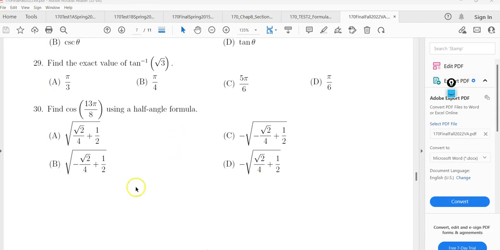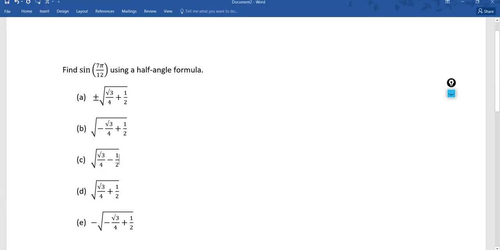Okay, so this is from the practice final. You have the answer for that available to you. And I'm going to do an example where, once you see the example that I worked out, you need to go through and be able to do this one from start to finish. Okay, so here's the example that I'm going to do. It says find sine of 7 pi over 12 using a half angle formula.